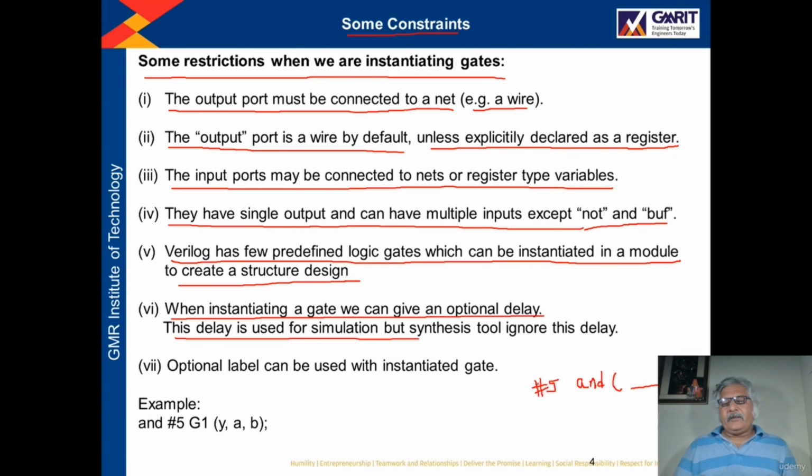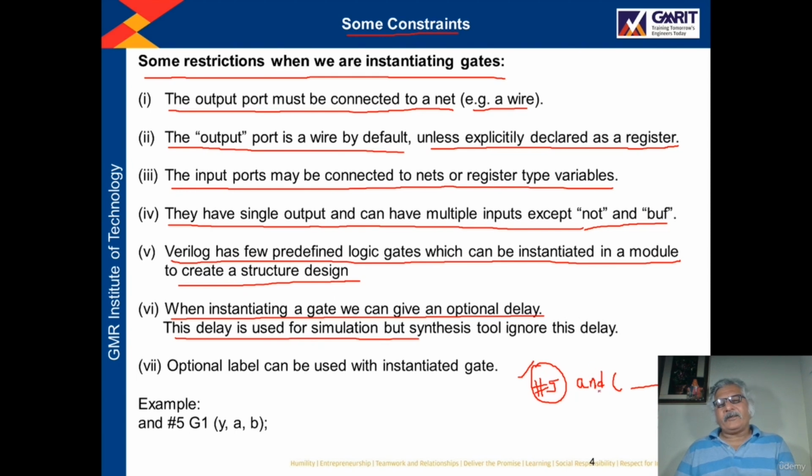But this delay will be used only during the simulation. At the time of synthesis, this delay will be ignored by the tool. This tool will not recognize this delay.